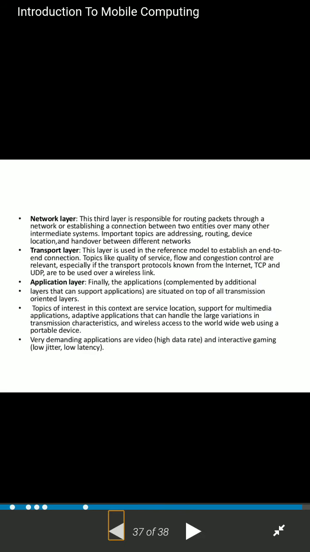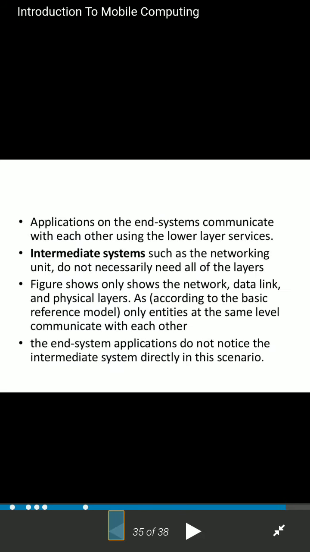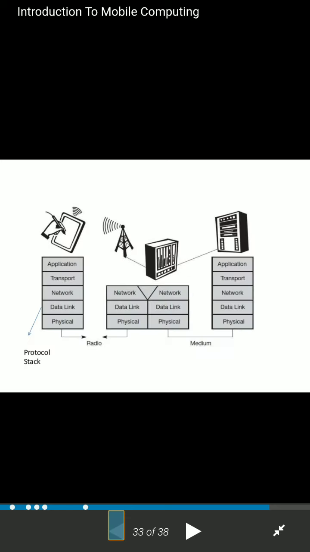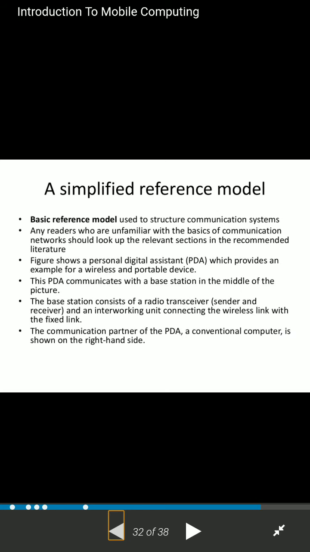Now, this diagram shows the antennas and PDAs also. What is the main aim of this? The PDA is a personal digital assistant. It communicates with a base station in the middle of the picture.